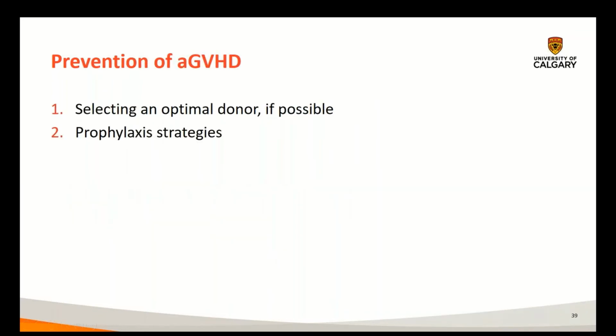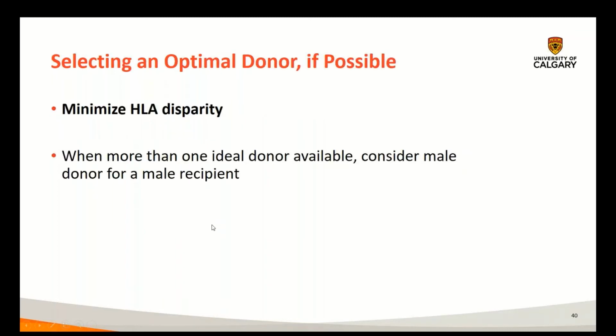So in terms of prevention, this falls into 2 categories. Selecting an optimal donor, if possible, you take that with a big grain of salt, as we don't always have the luxury of selecting from amongst multiple donors for patients, and prophylaxis strategies, which are very important. In terms of selecting a donor, obviously minimizing HLA disparity is very important.